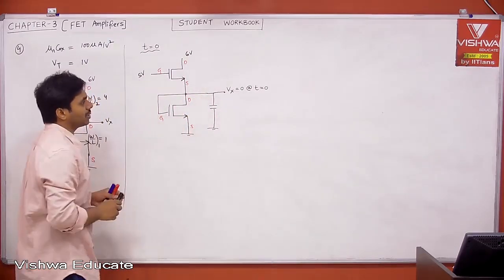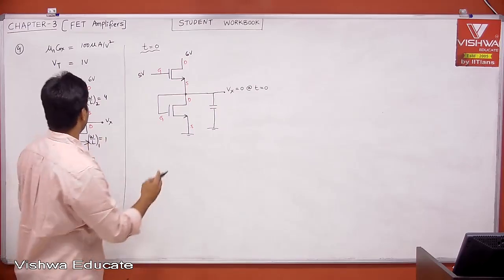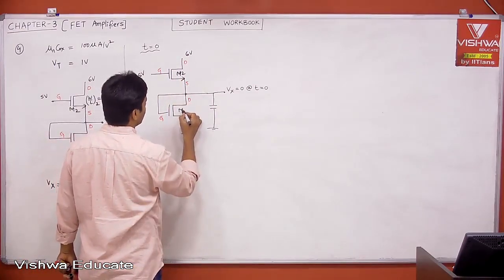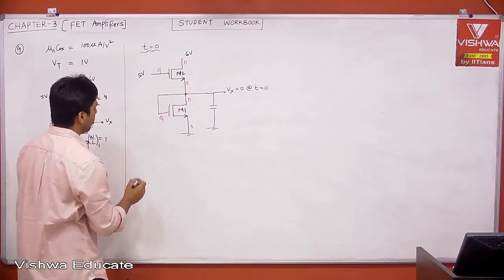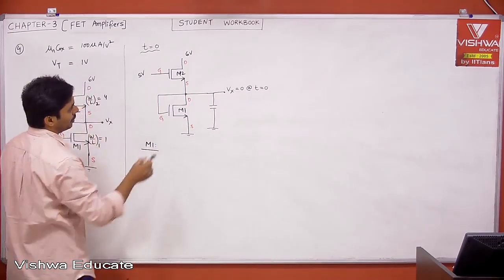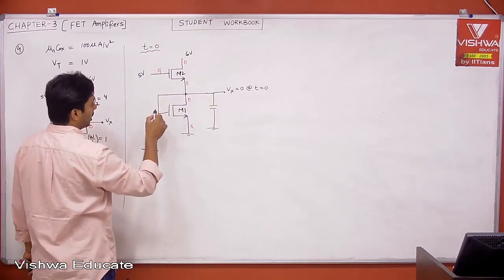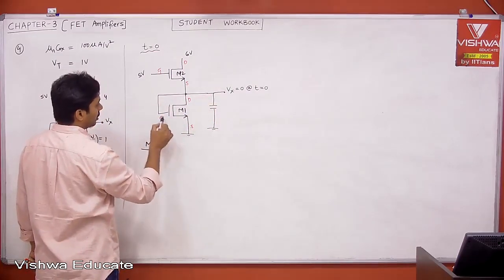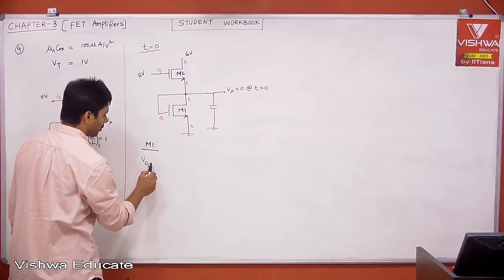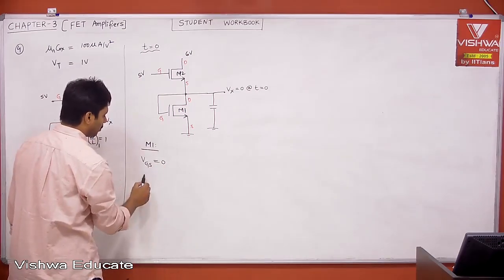Now if we continue, tell me, your capacitor is initially uncharged. Vx is 0. When Vx is 0, let's see the state of the MOSFET. Let us say this is M2. Therefore tell me what about MOSFET M1. For M1, Vx is 0, gate voltage is 0, therefore gate to source is 0, so M1 is off, because its gate to source voltage is equal to 0.